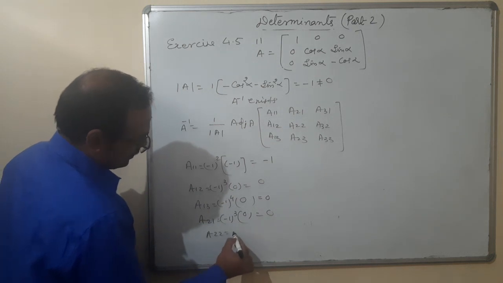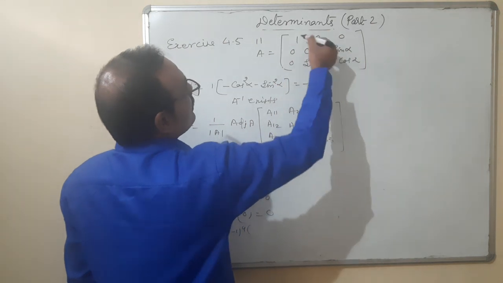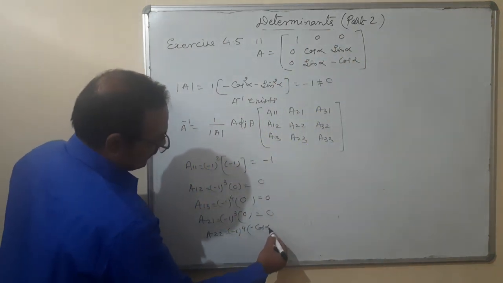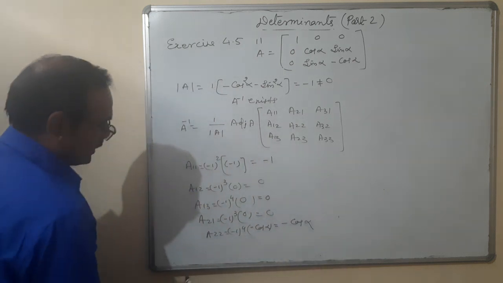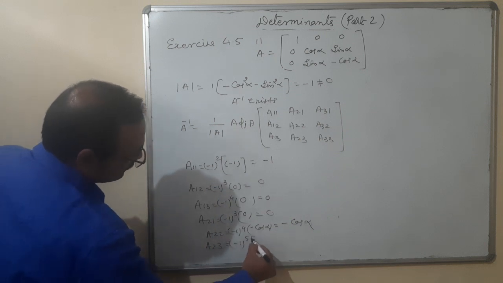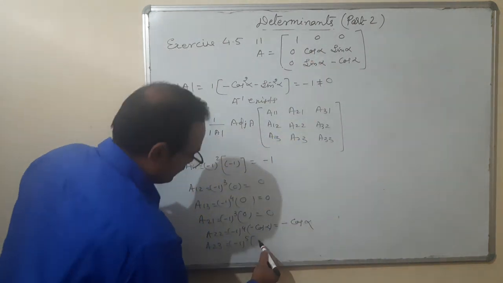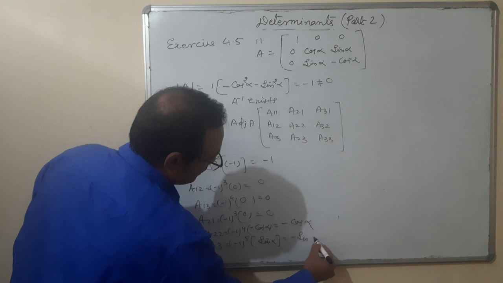A22: minus 1 to the power 4, it is minus cos alpha. A23: minus 1 to the power 5, it is minus sin alpha.